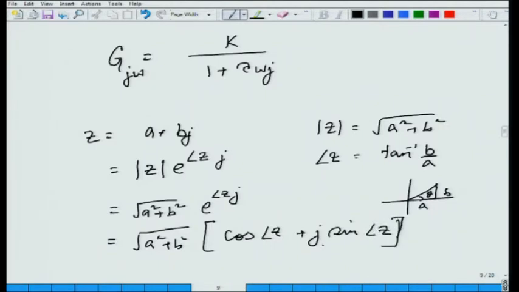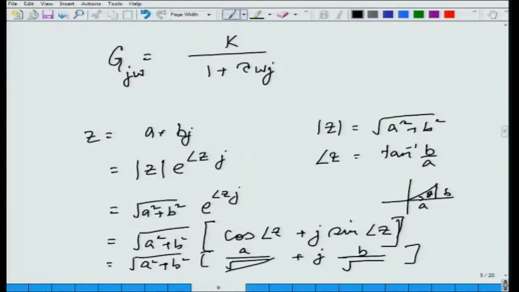Now, the cos of this angle is a by square root a square plus b square. So, that is equal to square root a square plus b square times a by square root a square plus b square plus j times b by the same square root term, and then what you find is that the square root term cancels out, which is equal to a plus j b. So, you see that this is actually equal to this guy.